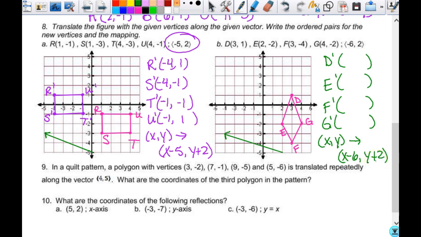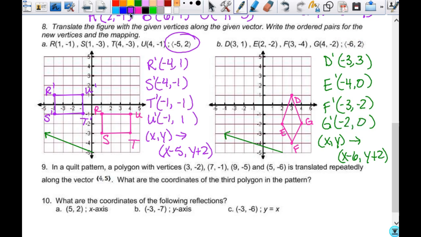So I can go ahead and get my points along here. So 3 minus 6 is a negative 3. 1 plus 2 is 3. So then for E, it's going to be negative 4, 0. F is going to give me negative 3, negative 2. G is going to give me negative 2, 0.